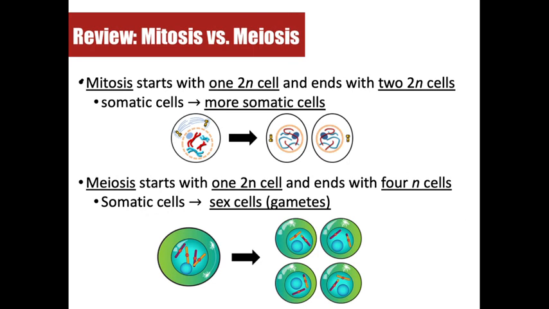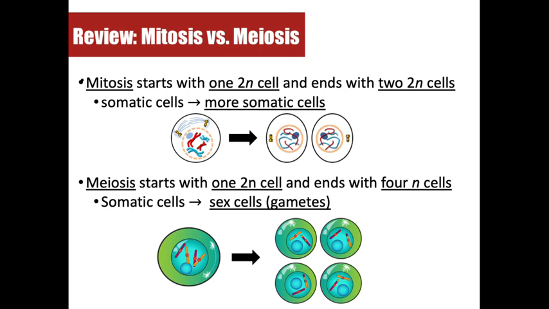But we have two different processes. We have mitosis and meiosis. Mitosis starts with one 2n cell and ends with two 2n cells. So it basically just goes from somatic cells to more somatic cells.